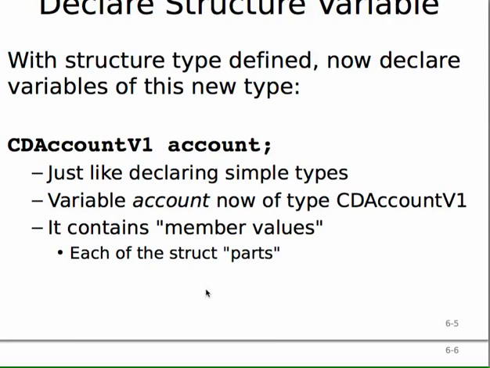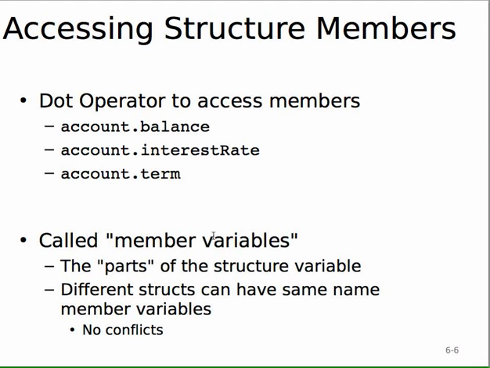So Java programmers with a background in setting up classes, this is not at all confusing. I'm guessing everybody will be comfortable with using the dot operator to access members.